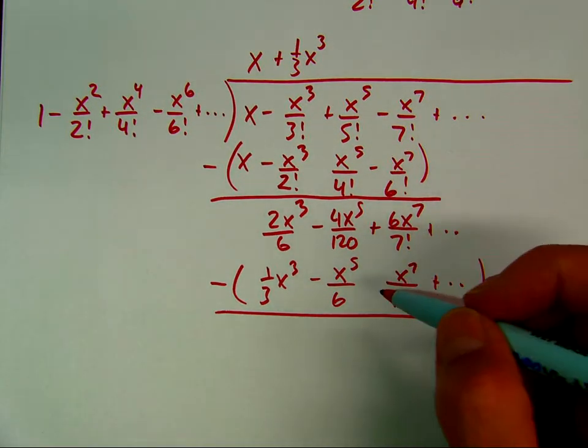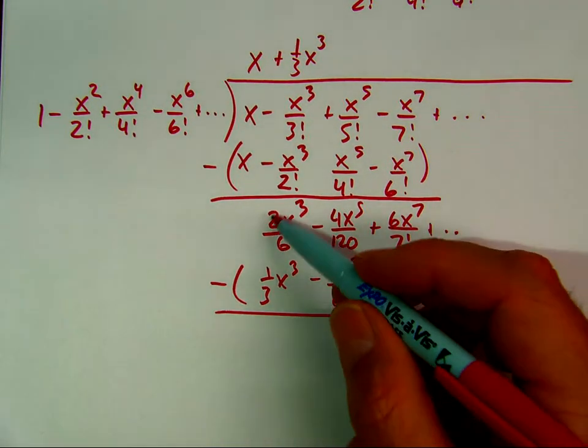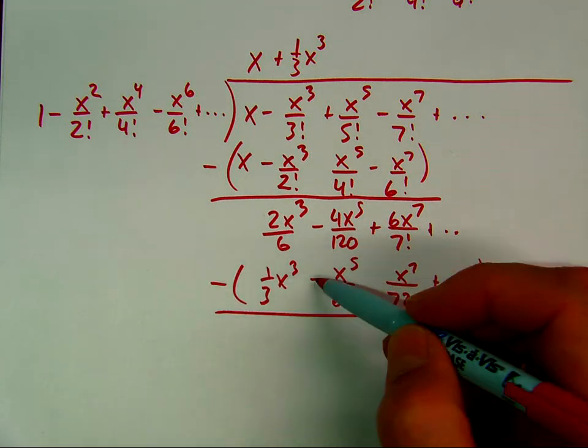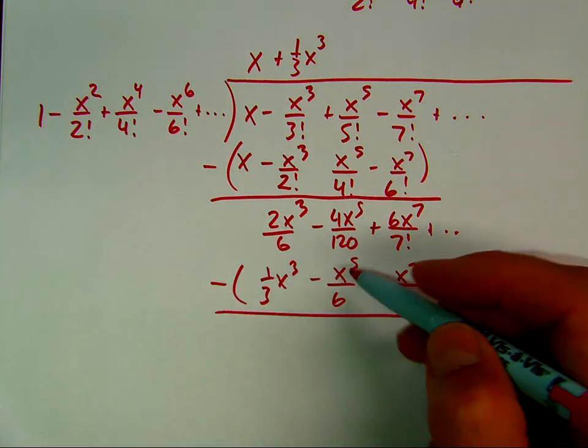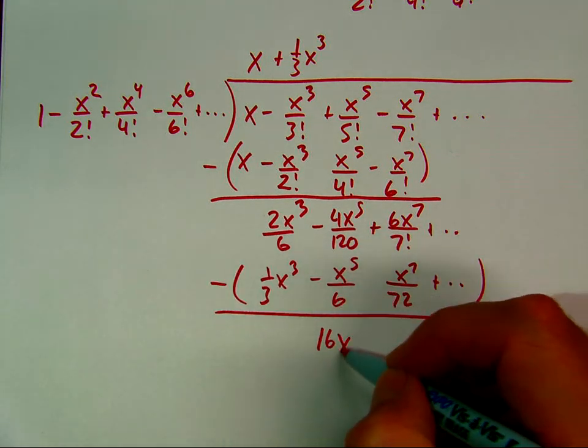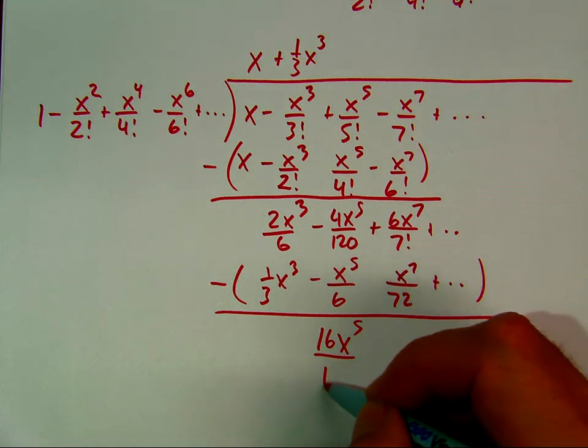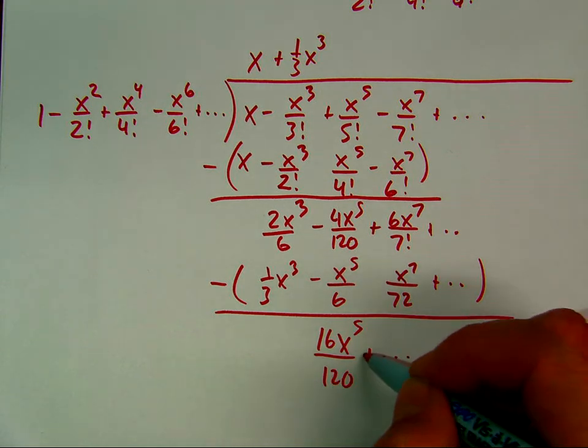We subtract, that's going to cancel. We get a plus here, and this ends up being 16x to the 5th over 120. And we just go as far as we can.